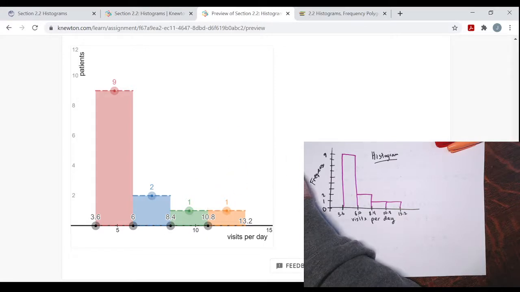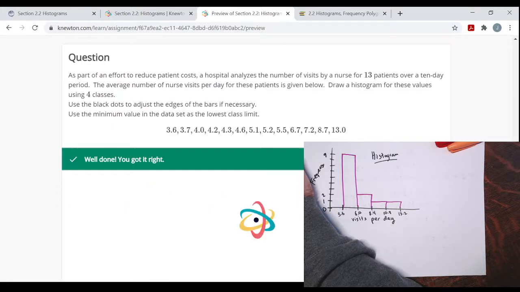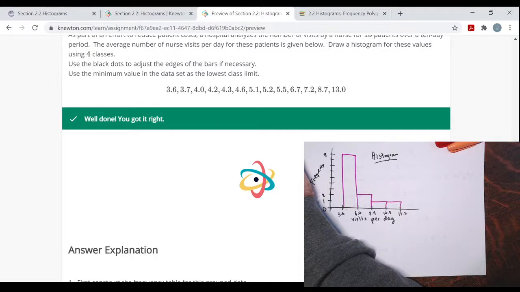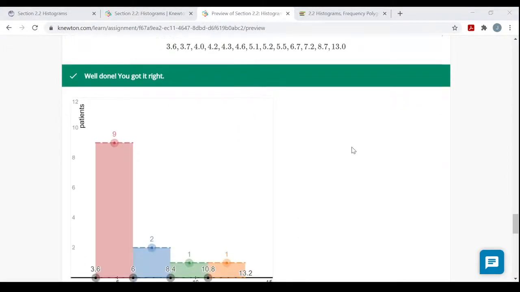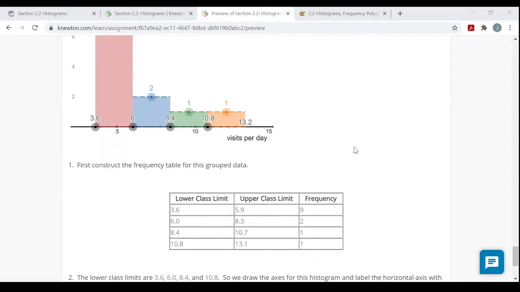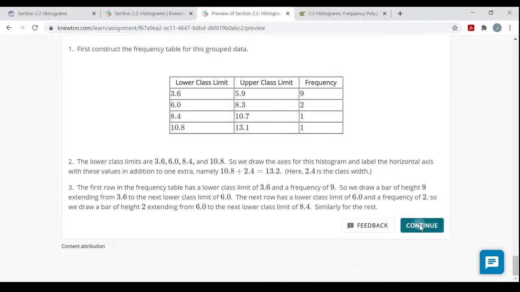And there, that should be a good histogram for that data set with 4 classes, 4 bars. So the way I did it by hand is exactly how they're having you do it on the Knewton Alta. All right, so I continue on.